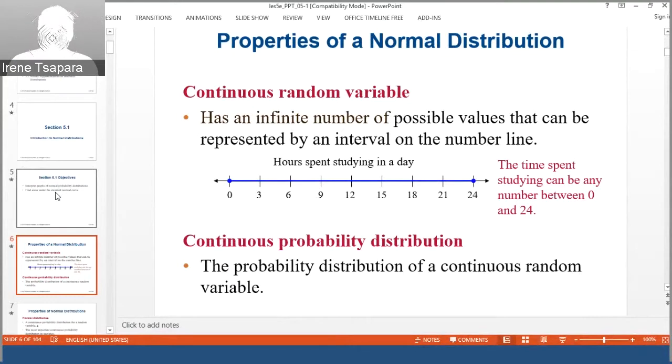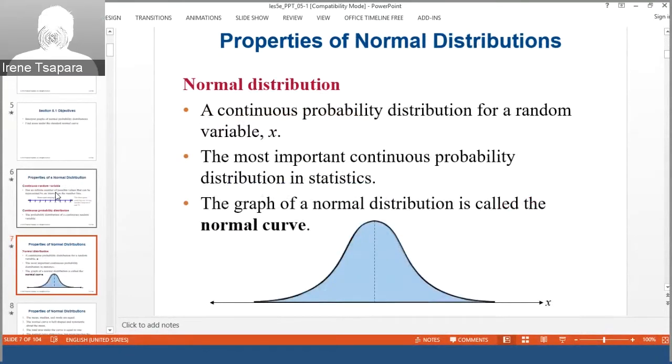This is the main difference that they have. Because of this difference, instead of using histograms in order to present the distributions, we are using curves. The normal distribution, all of you have seen the bell curve before, and this is what basically represents the normal distribution.